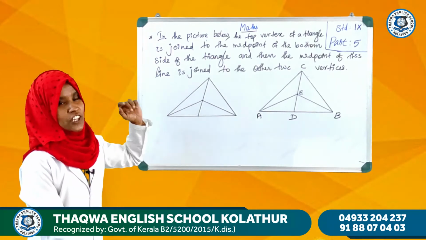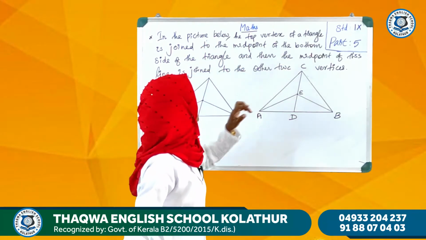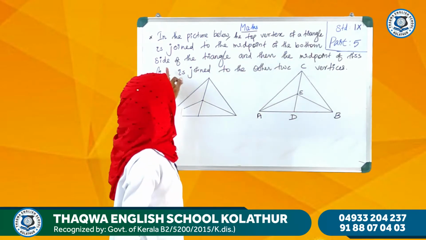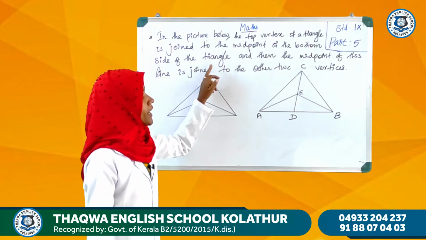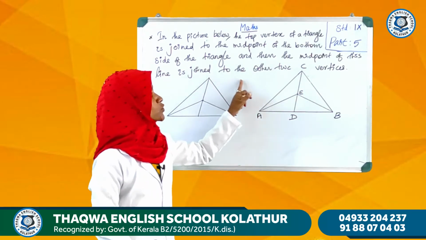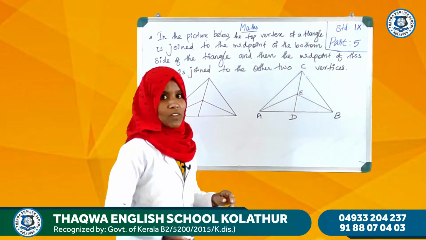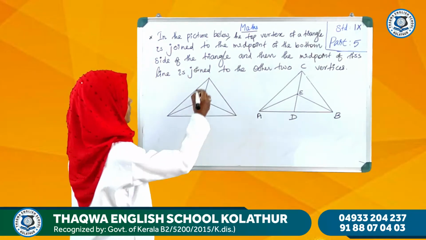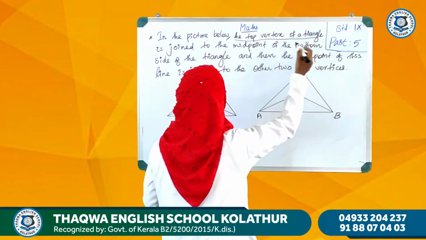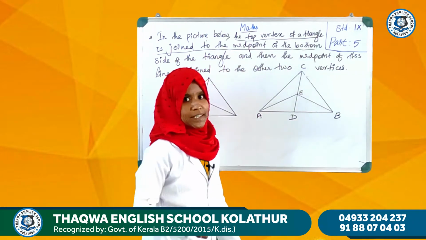Okay, our next question. In the picture below, the top vertex of a triangle is joined to the midpoint of the bottom side of the triangle, and then the midpoint of this line is joined to the other two vertices. Top vertex of a triangle is joined to the midpoint of the bottom side.